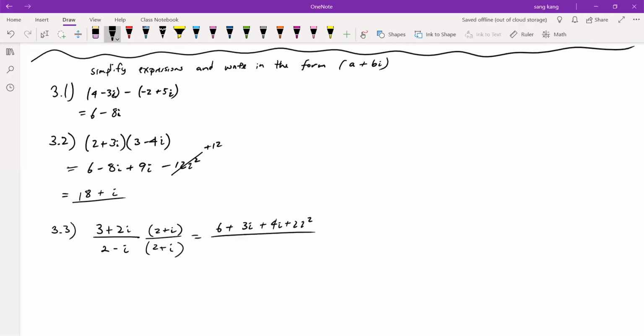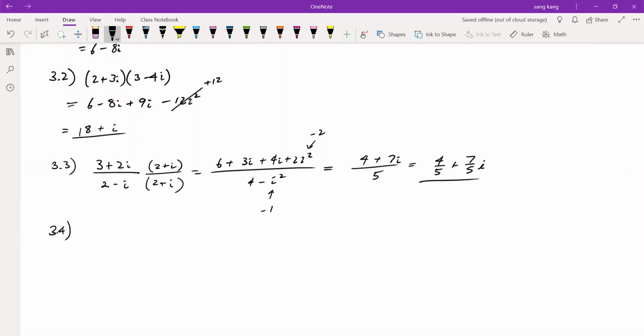And then the denominator becomes 4 minus i squared. So this i squared will make it -2. This would be 4 plus 7i. And in the denominator, that'll make it -1, so this is plus 5. So this would be 4/5 plus 7/5 i. Okay. Pretty straightforward here.